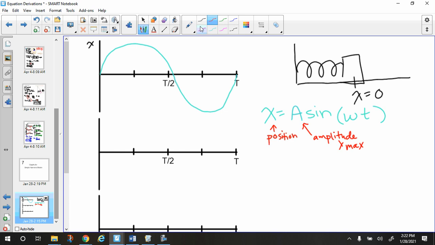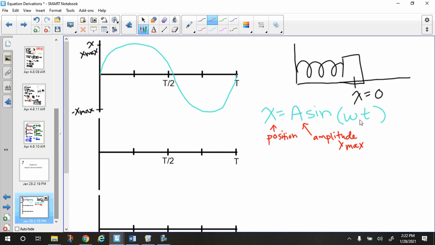So when we have this oscillation, this is going between the negative x max and the x max. And so the amplitude is just a special name for the maximum value there of the position.